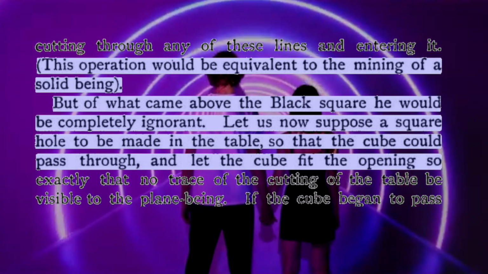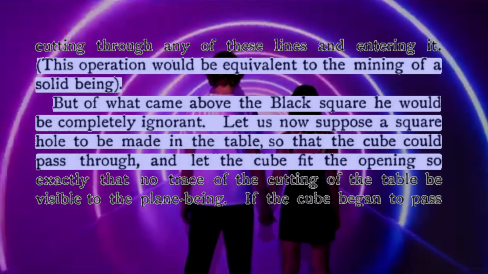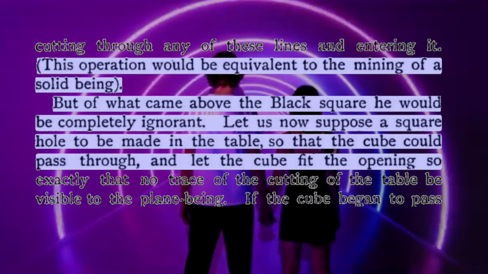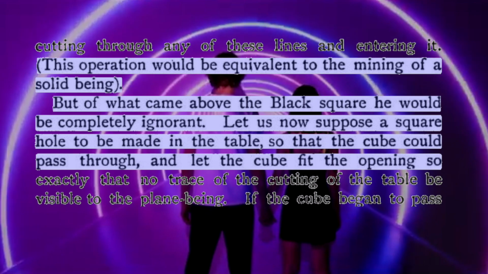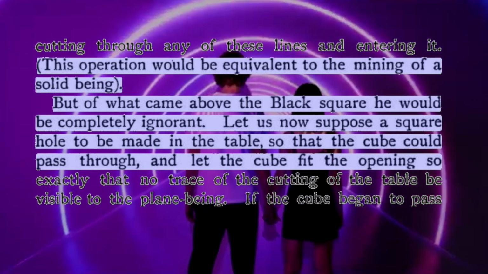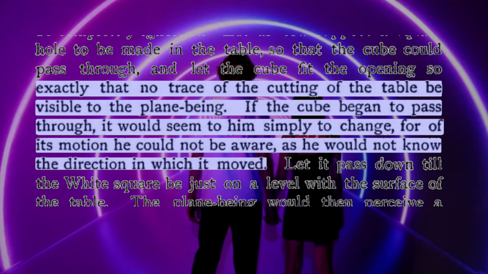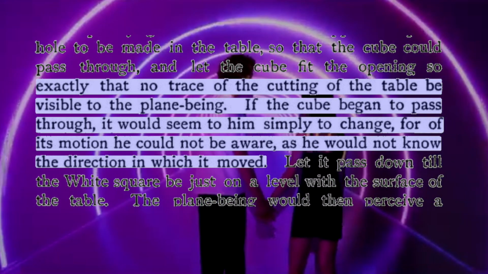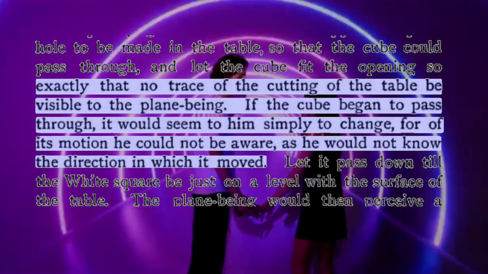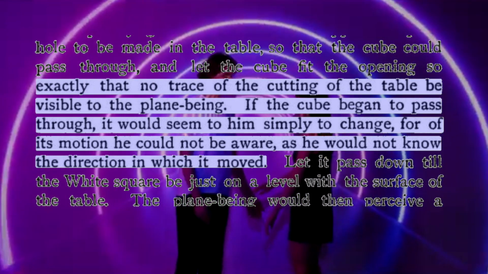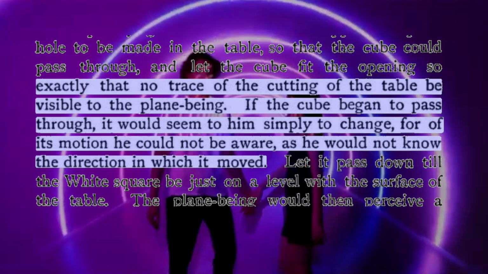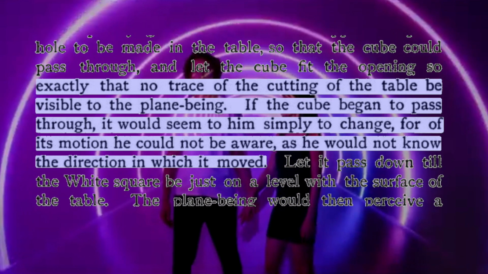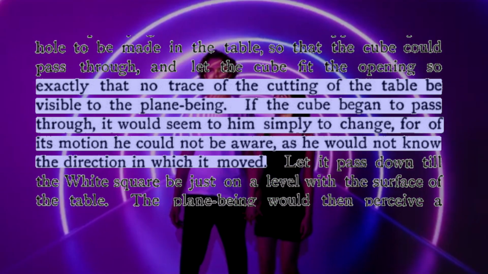Let us now suppose a square hole to be made in the table, so that the cube could pass through, and let the cube fit the opening so exactly that no trace of the cutting of the table be visible to the plane being. If the cube began to pass through, it would seem to him simply to change, for of its motion he could not be aware, as he would not know the direction in which it moved.